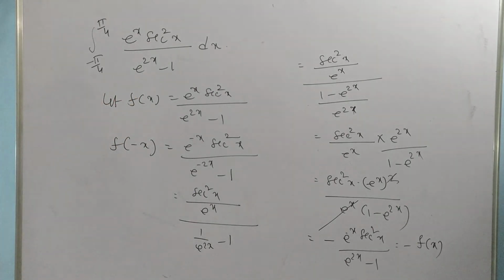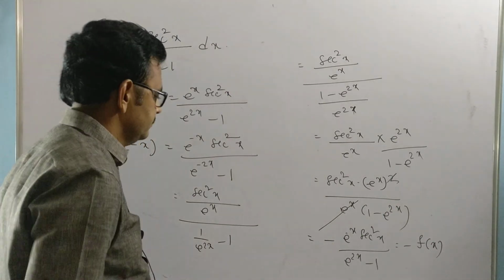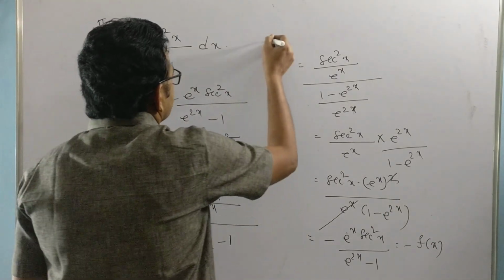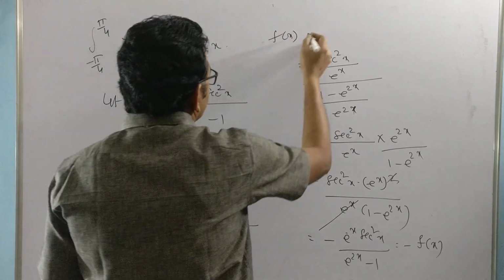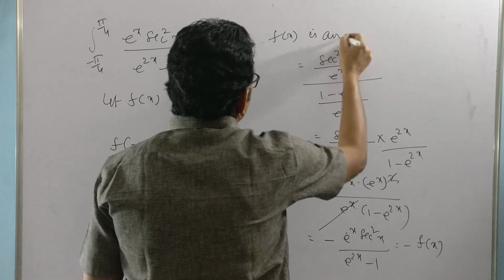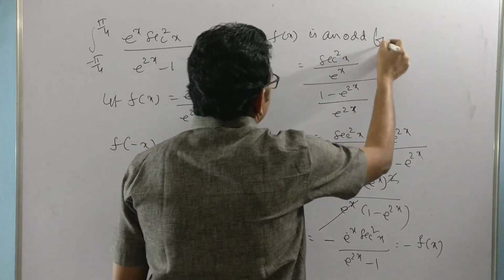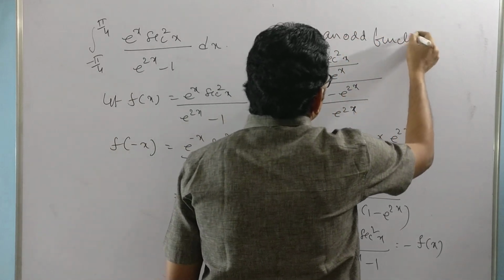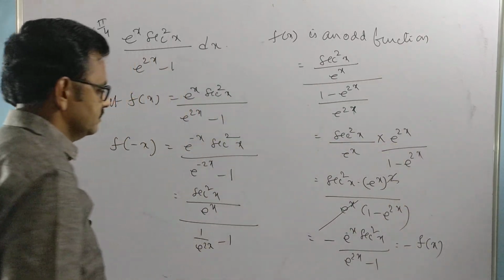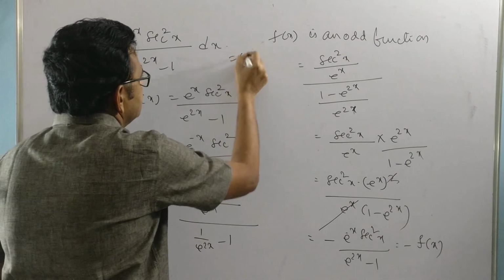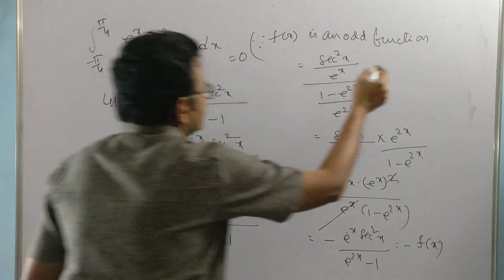Therefore, the function is an odd function. So if it is an odd function, what is the answer? 0. Therefore the answer is 0, since it is an odd function.